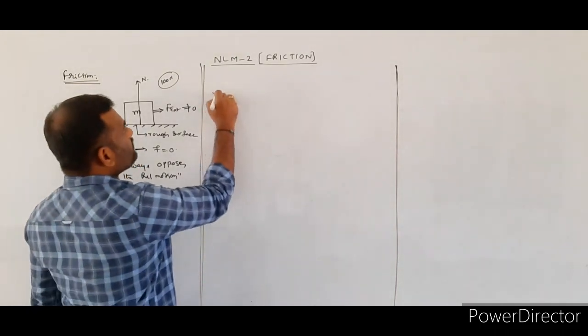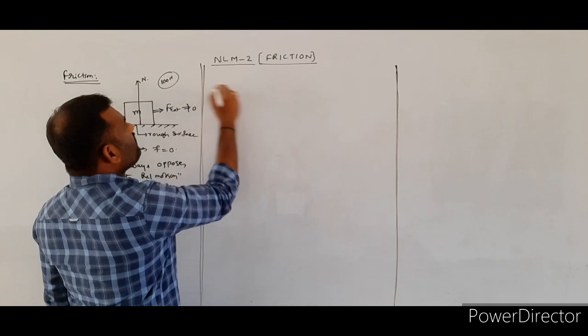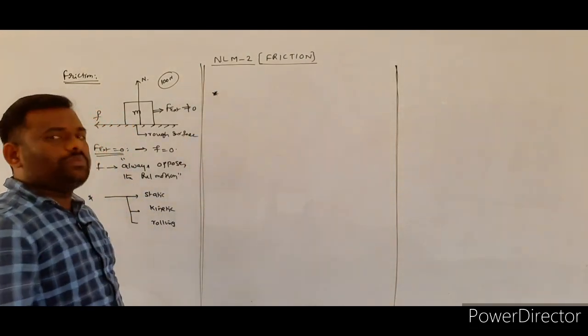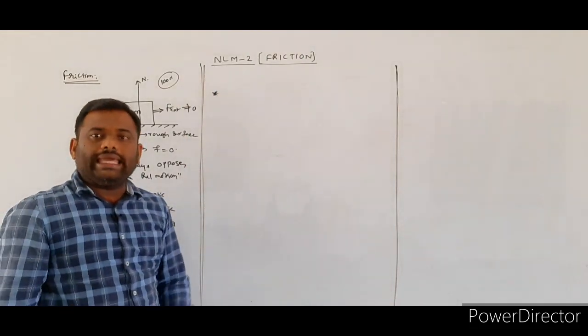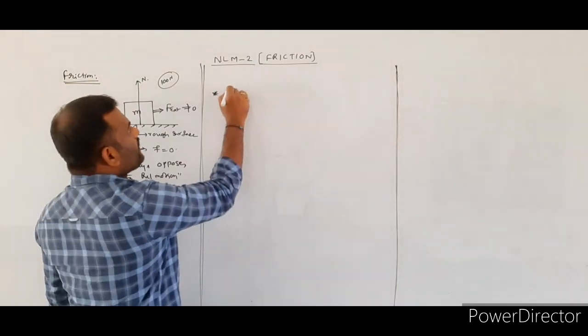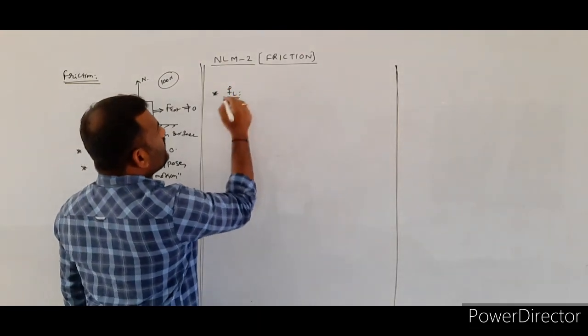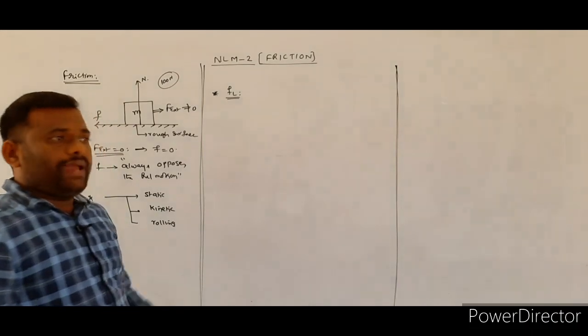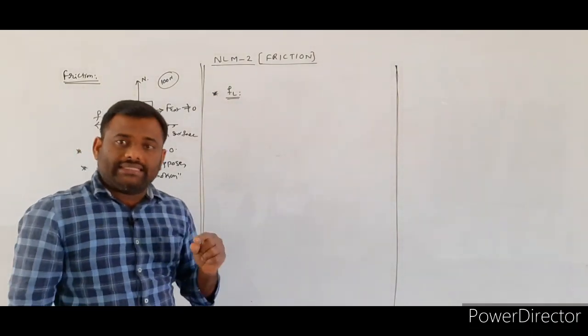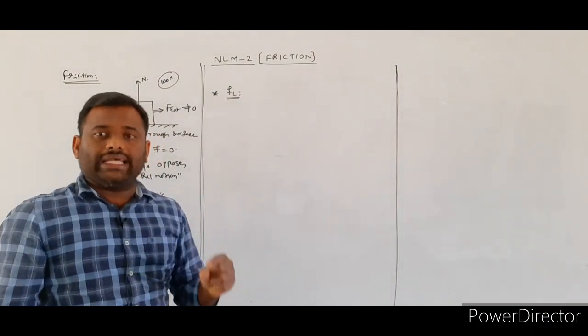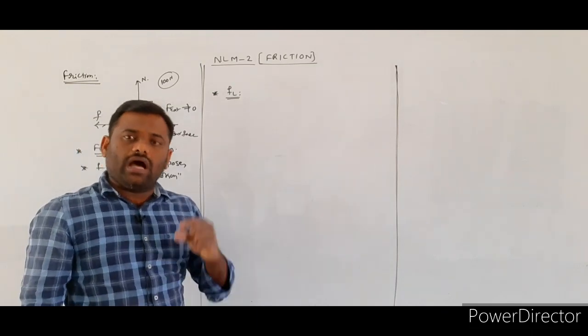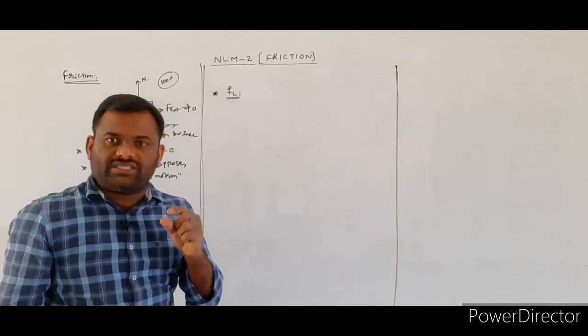So that minimum force required to bring the object into motion is called the limiting friction. How can we define the limiting friction value? That is the maximum amount of the static friction, or the minimum amount of the external force.